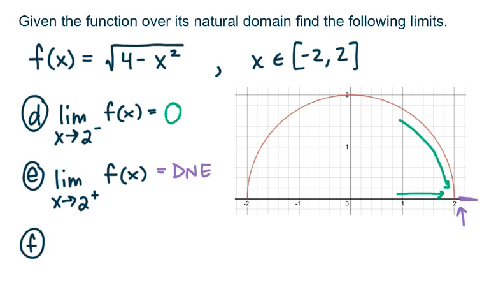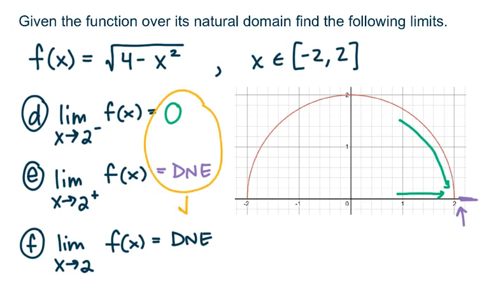Therefore, if we look at the limit as x approaches 2, with no plus or minus there, it does not have a two-sided limit. We would say does not exist because these two values are not the same. If they're not the same, we say does not exist. So this brings us to a supposition.